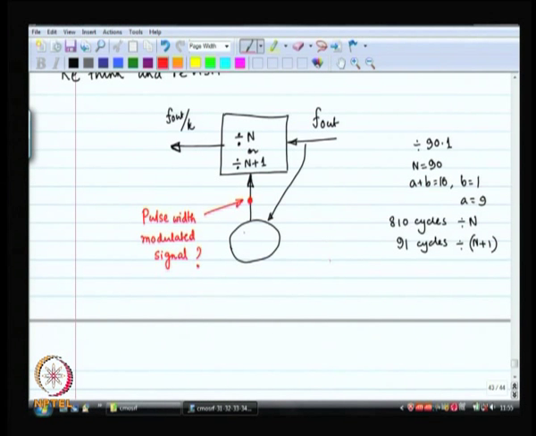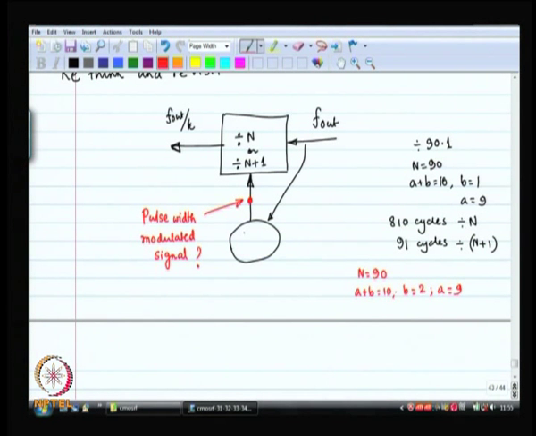If you wanted 90.2, then you would do n equal to 90, a plus b equal to 10, b equal to 2, a equal to 9.